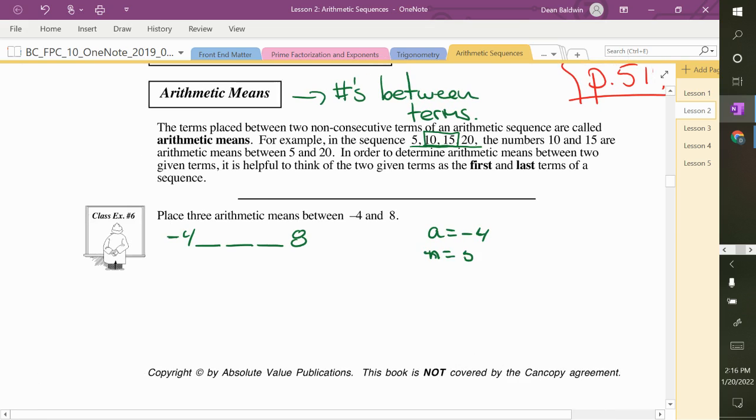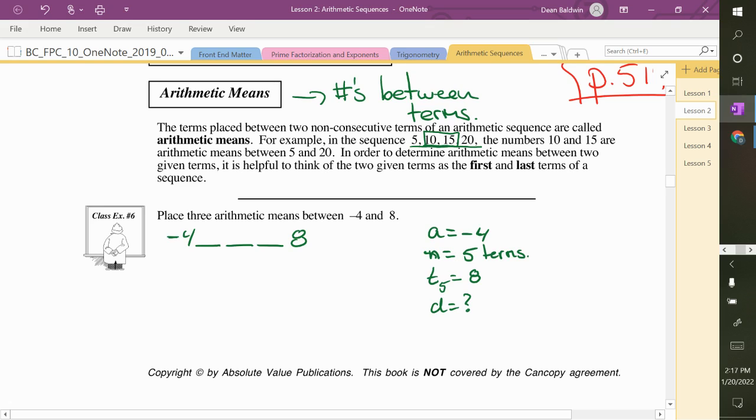So that's N. What is T5? The 5th term is 8. It's the last term. What am I missing? D. That's what I want to find.